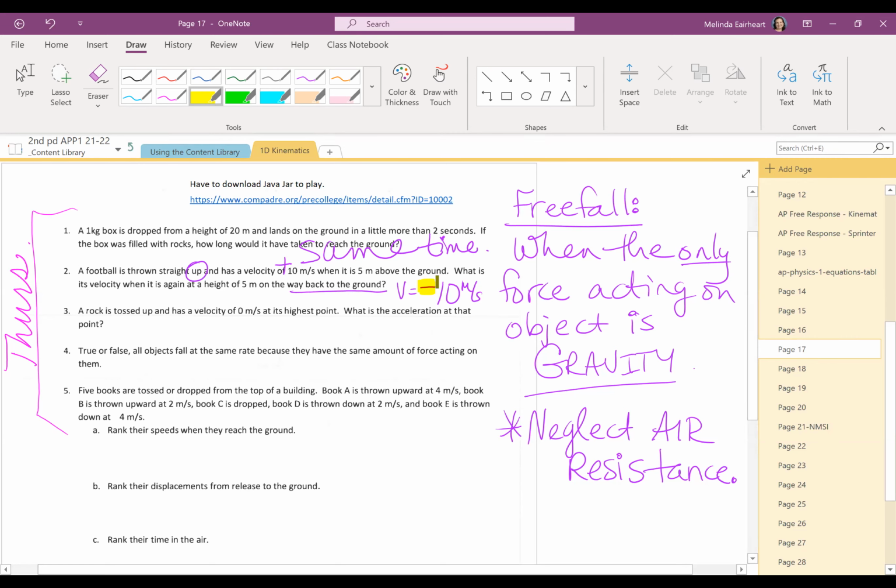3, a rock is tossed up and has a velocity of 0 meters per second at the highest point. What is the acceleration at that point? So the number 1 answer, even on the AP exam, half the world answers this question: oh, acceleration equals 0 because it came to a stop. And guess what?